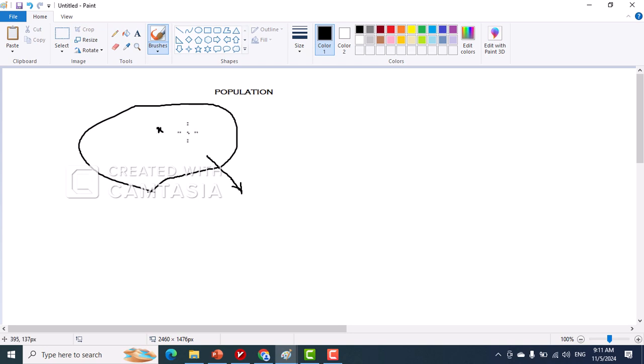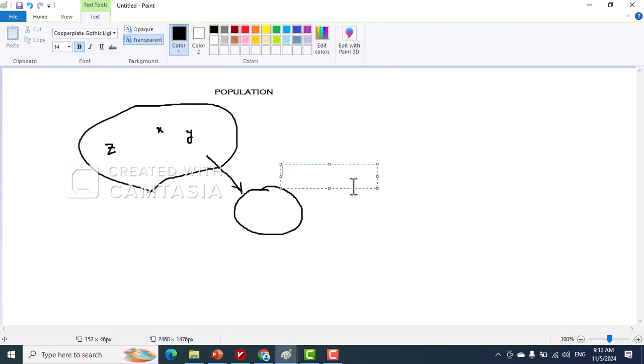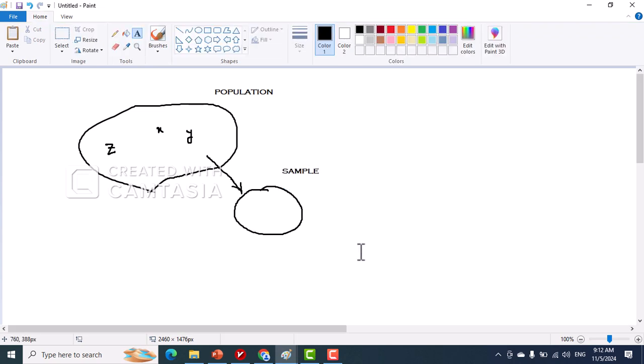For instance, if we have some elements in a population, X, Y, Z, then we can draw a sample from this population. This sample is drawn from the given population. Then by collecting data from the sample, we can study the population.